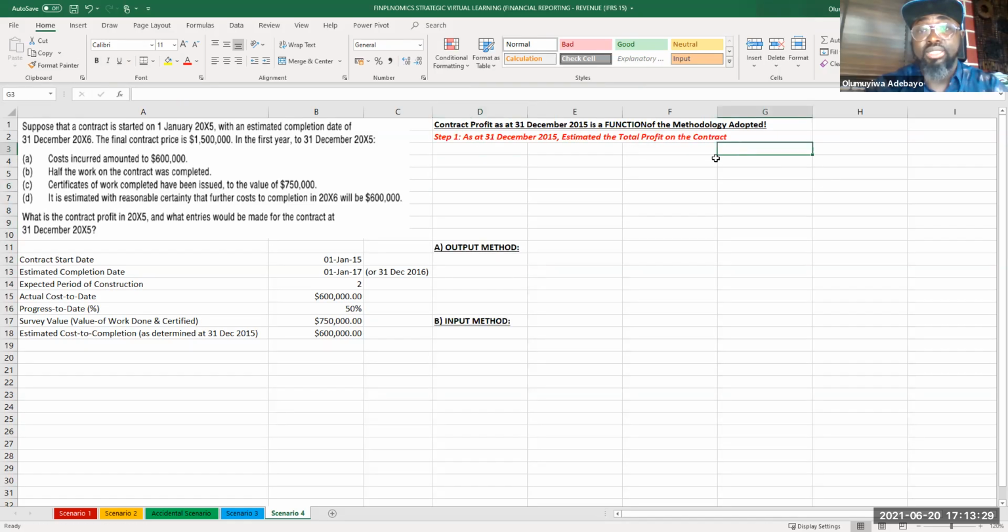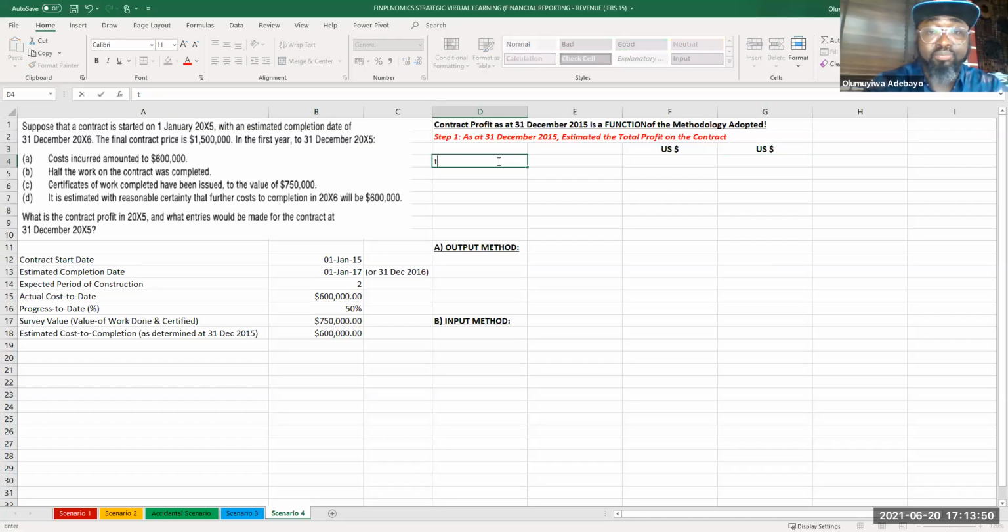Estimating the total contract profit is a function of what is the contract price, the transaction price.